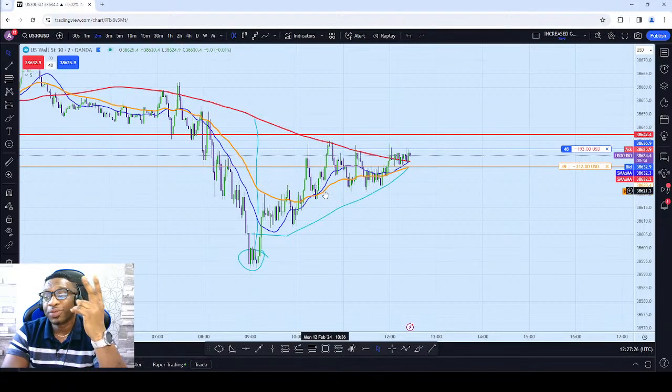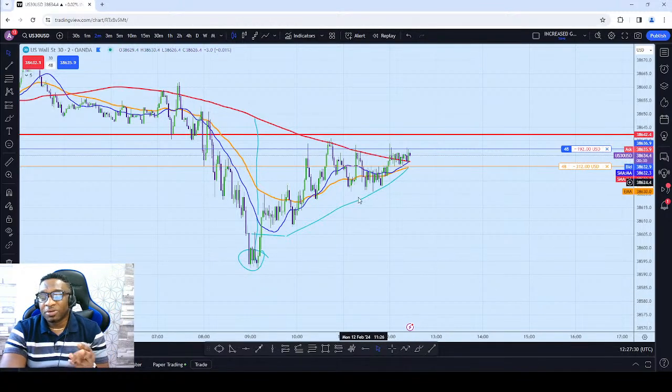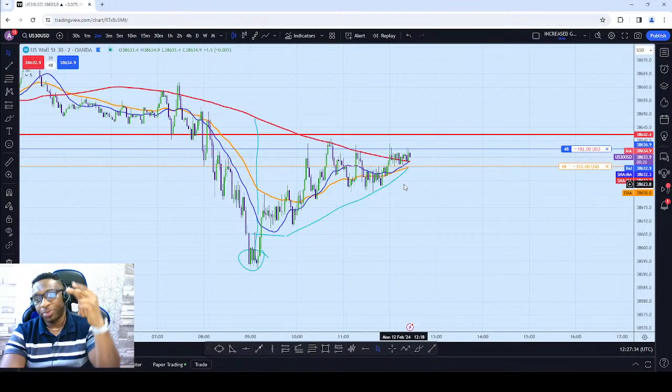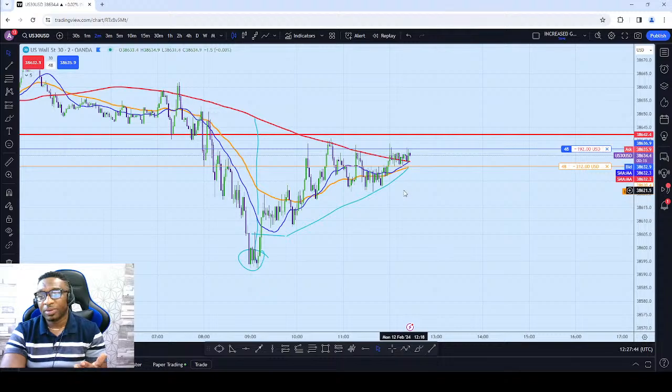There are only, I would say, three things in the market. From this point, either price goes up or price comes down. So what we do is look out for high probability trades.